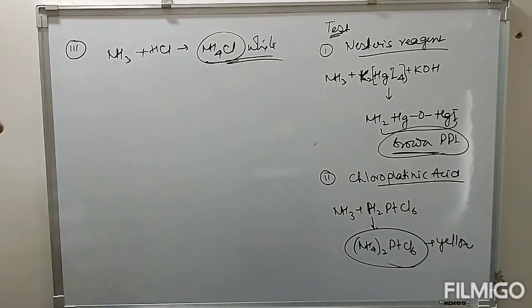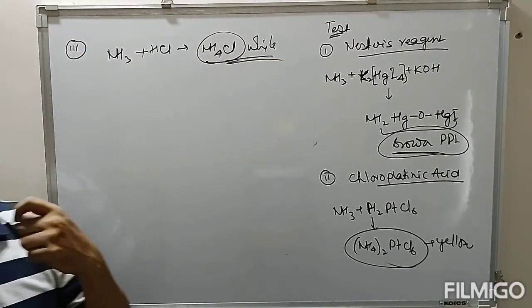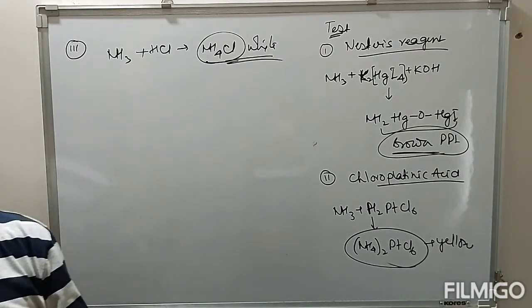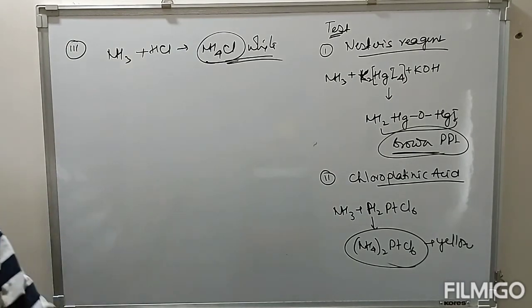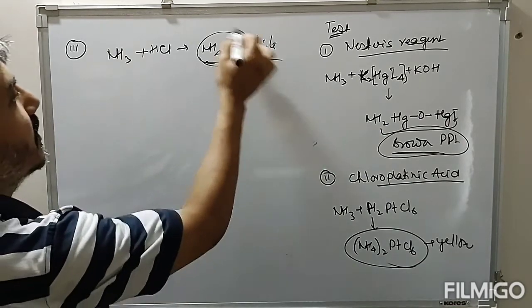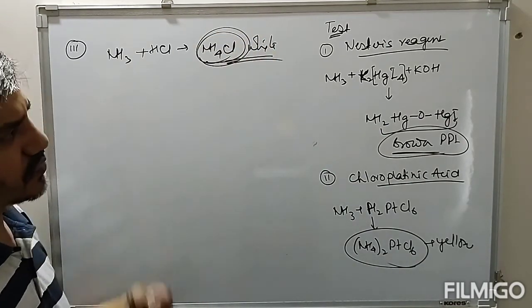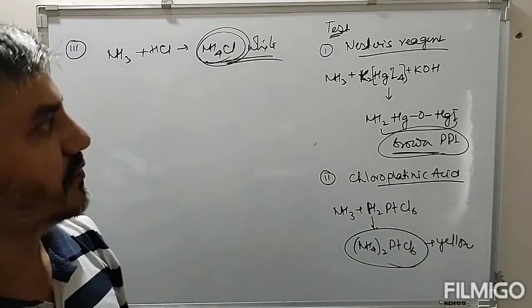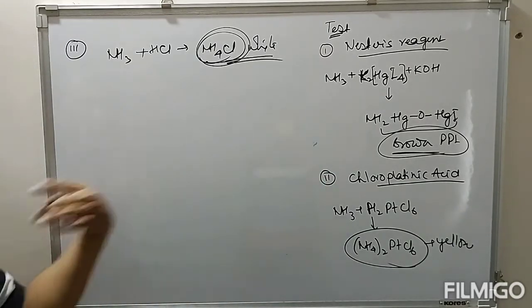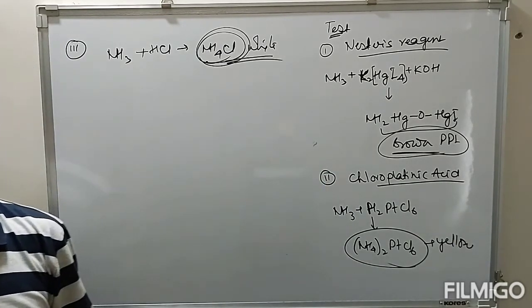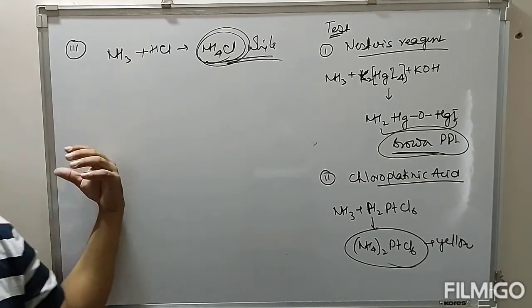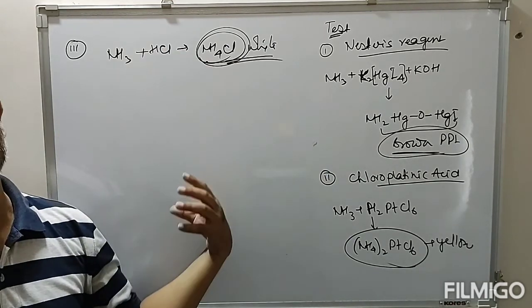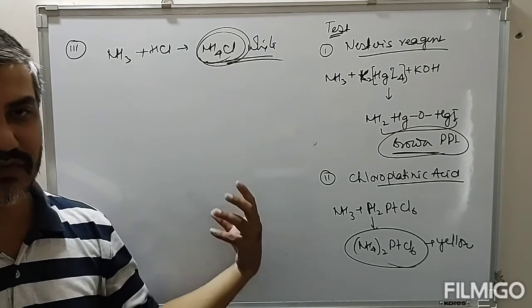The formation of white fumes when a rod dipped in HCl is placed at the mouth of aqueous ammonia is due to the formation of ammonium chloride. We can also do a litmus test, and there is the choking smell of ammonia. So these are some of the important properties and tests of ammonia.